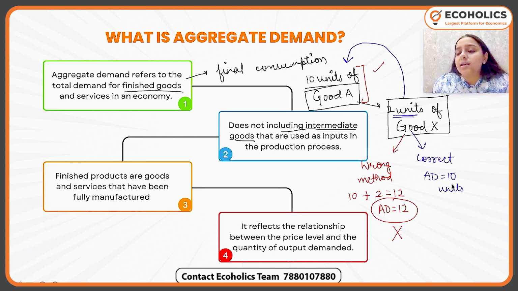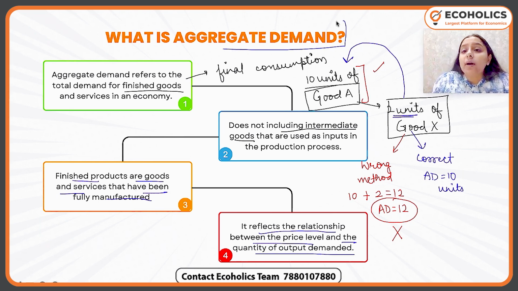We are not discussing the final consumption of good X. Of course, that can also have final consumption, but we are not considering it here just for this example. So that is how we do not include the intermediate goods. Finished products are the goods and services that have been fully manufactured and are ultimately going to be consumed, and no value addition is going to happen over that. It reflects the relationship between the price level and the quantity of output demanded.